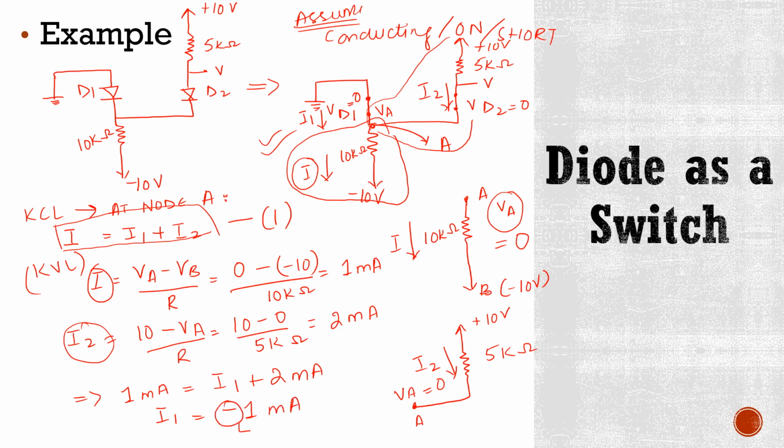Now this negative sign indicates that our assumption is wrong. It means diode 1 is not conducting. It means it is not on. That's why this I1 is negative.